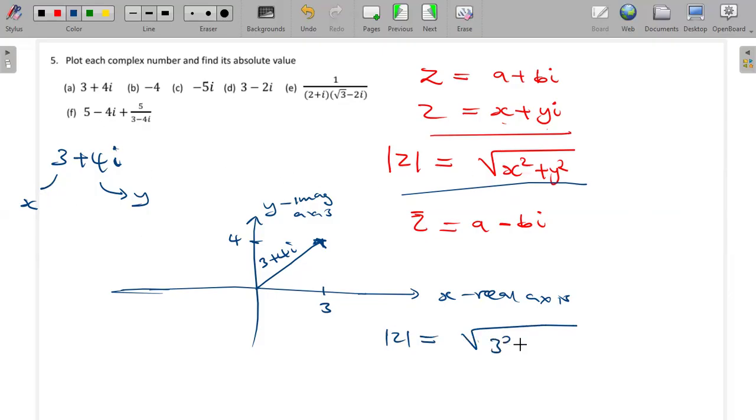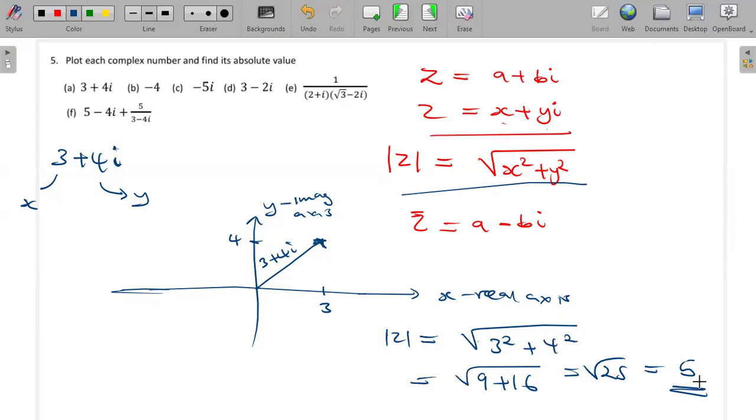So you say 3 squared plus our y is 4, that's 4 squared. And this is going to be equal to 9 plus 16. So 9 plus 16 is just 25. So this is going to be the square root of 25, which just gives us 5. That is your absolute value.